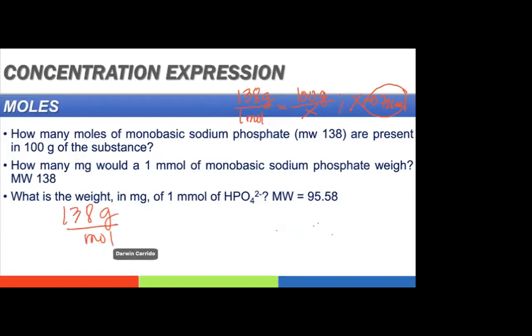Pag ginawa mong milligram ito, yung numerator, you should suppose to make this millimole naman. Gets? So therefore, 1 millimole is also equal to 138 milligram. And what is the answer here? 138.